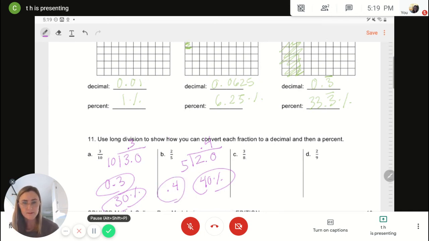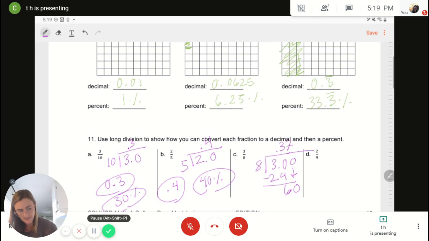3 divided by 8. So really it's going to be a little bit less than half, right? We should already be thinking about that to check our answers. So 3 divided by 8. Put my decimal right there and add a 0. So I know 8 goes into 30 3 times. That will be 24. And then I get a 6 here, so I have to bring that down. 8 goes into 60 7 times.